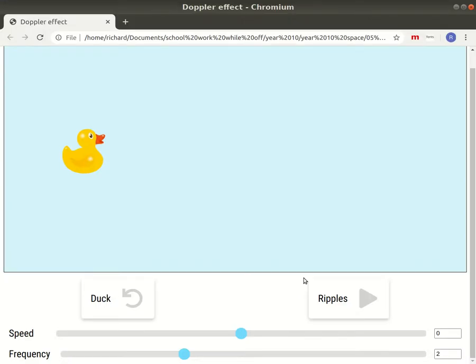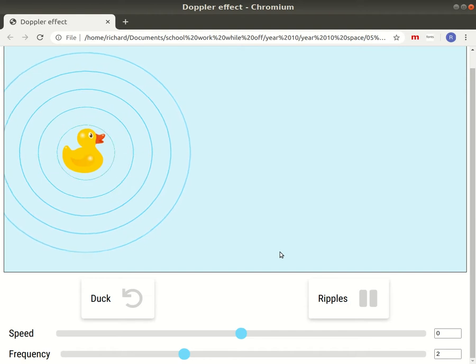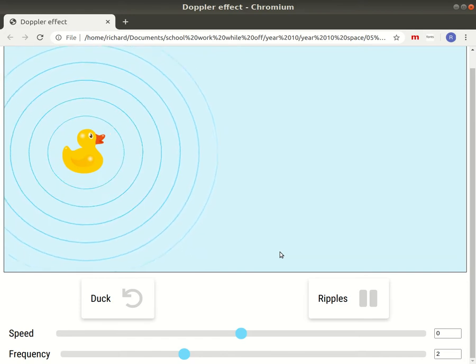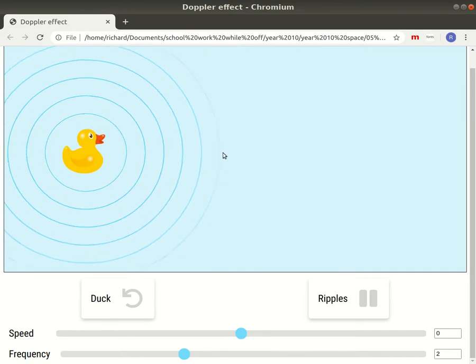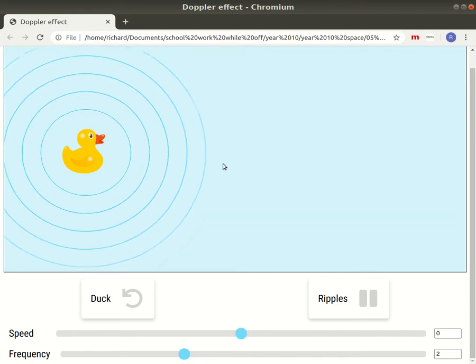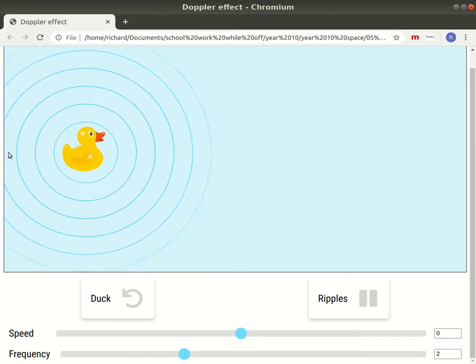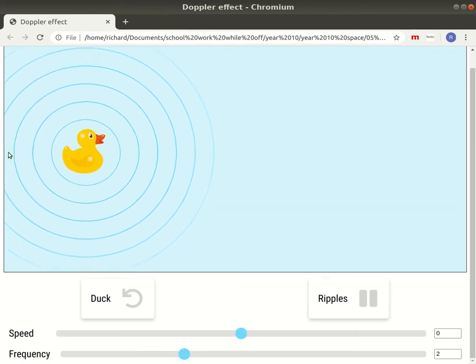Here we've got a little simulation of a duck on water, and the duck's bobbing up and down creating ripples which are spreading out in all directions at the same velocity. And again, if I was to stand here, then I'd observe those waves at the same frequency as if I was to stand here, because the wave speed and the wavelength are the same.